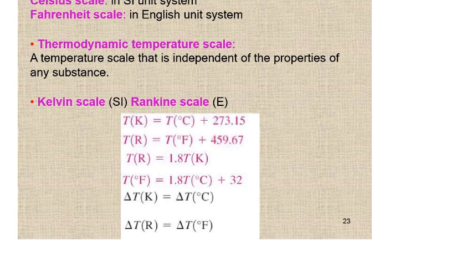Here we have some conversions. You need to memorize a few of them. At least memorize Celsius into Kelvin, and how to convert Fahrenheit into Celsius. You need to memorize at least two of them, because we will be solving them in our numericals.